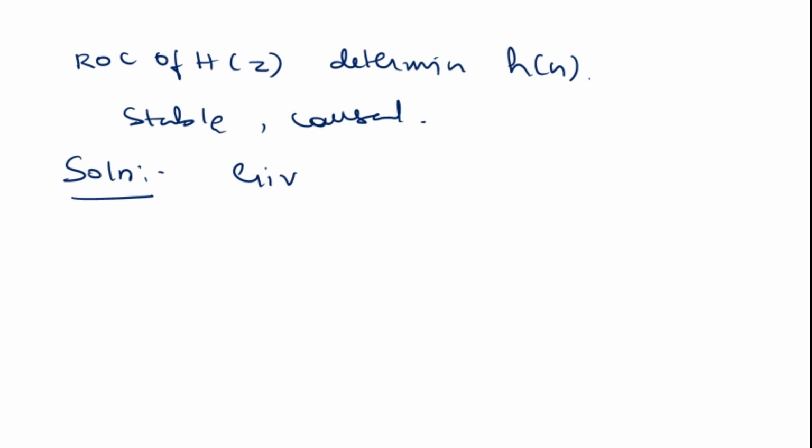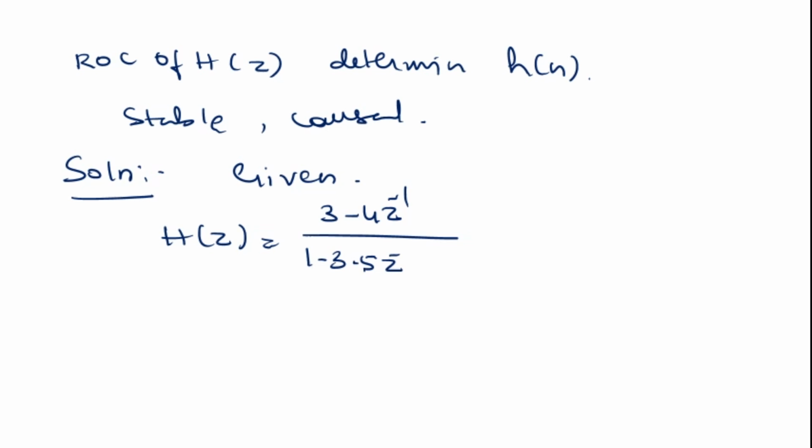It is given h of z is equal to 3 minus 4z inverse divided by 1 minus 3.5z inverse plus 1.5z to the power minus 2.